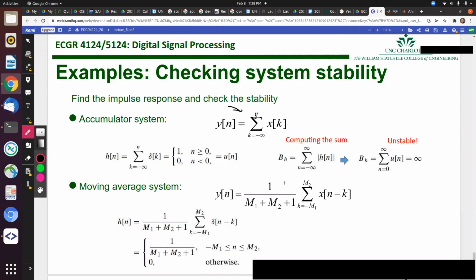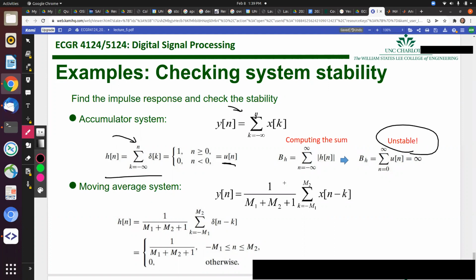What we do is we figure out what the impulse response of such a system is, and we look at the sum and have to decide whether the sum is finite. In fact, the sum is a step function, so we already know that it's not finite, so we know this is unstable. We verified it on our previous slide as an example of an unstable system.